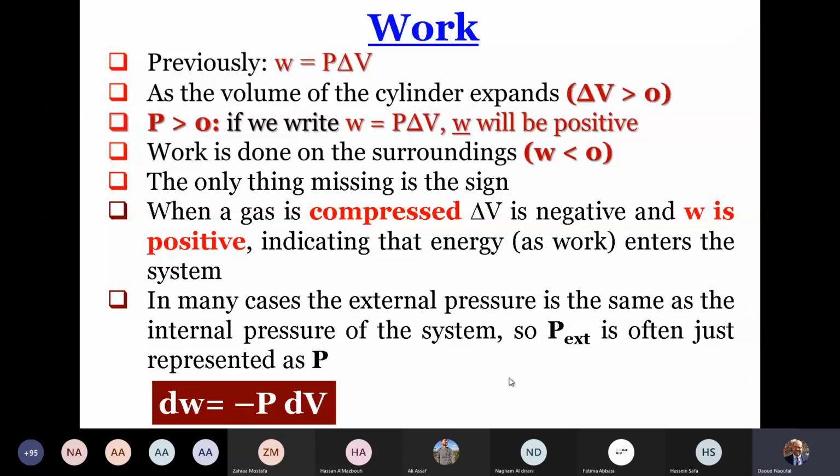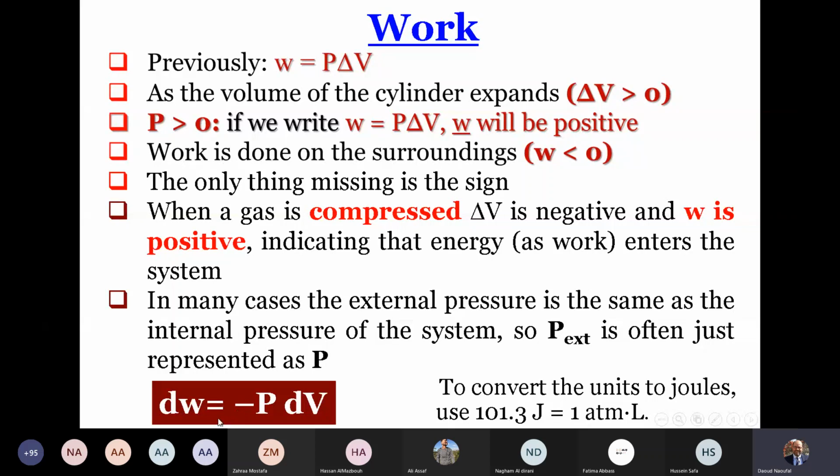For this reason, we prefer to use only P. As a conclusion of these two slides, what is the work in a physical transformation? The work in physical transformation is represented by dW equal minus P dV, and to find the work, we have to solve the integration of dW and dV.